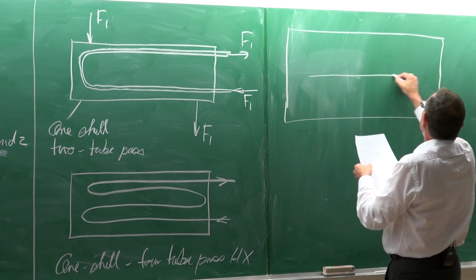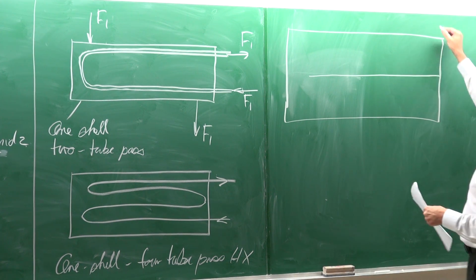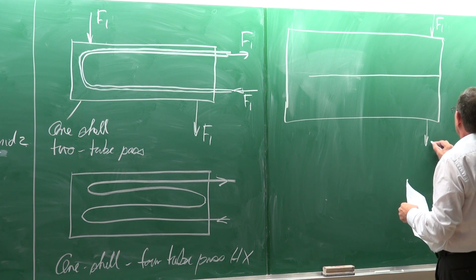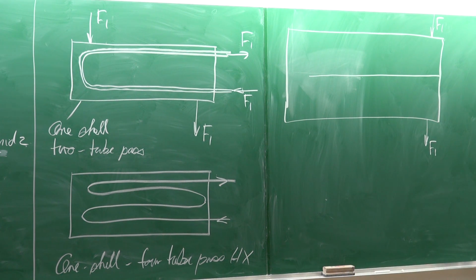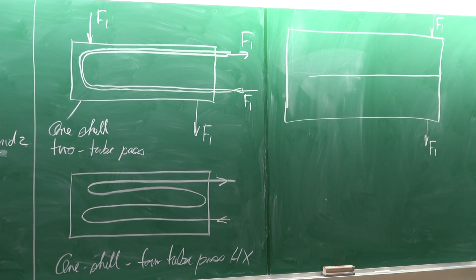Then it is being sort of divided into two. And the fluid 1 will go in there, fluid 1 will exit there, so you can see it will go in there and it will go out there, and that is in the annulus side.